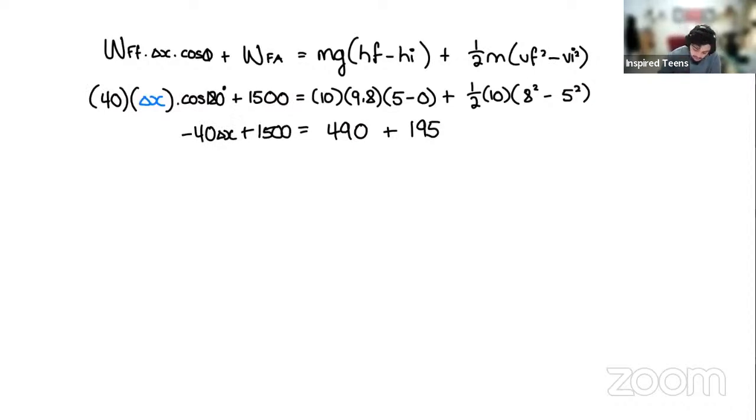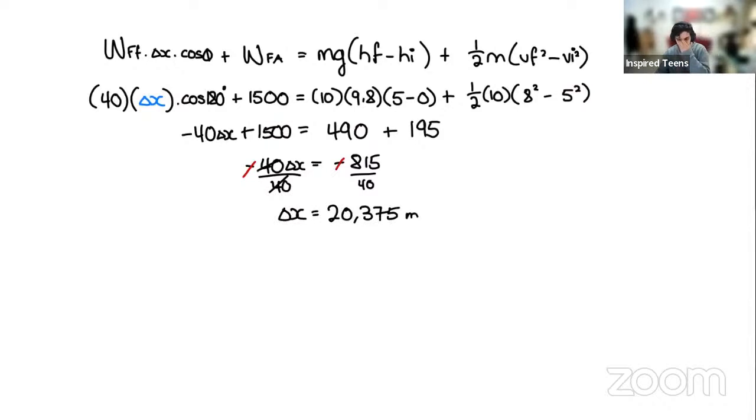Then I get negative 40 delta x, and when I simplify the right-hand side and take over the 1,500, I get negative 815. The negatives cancel. I divide both sides by 40 and I get delta x as 20.375 meters. It was 3 decimal places, so I didn't simplify it.